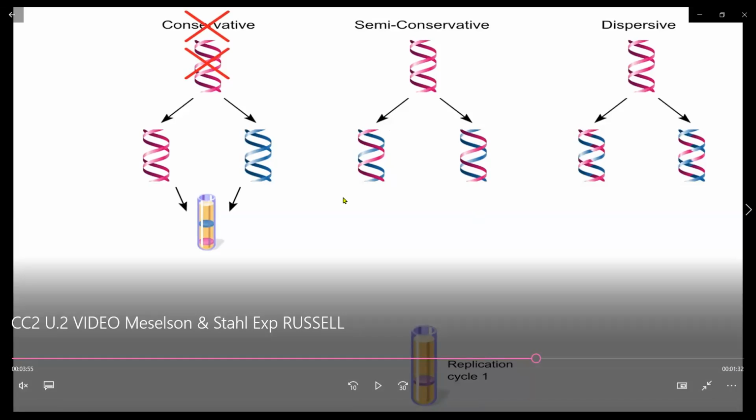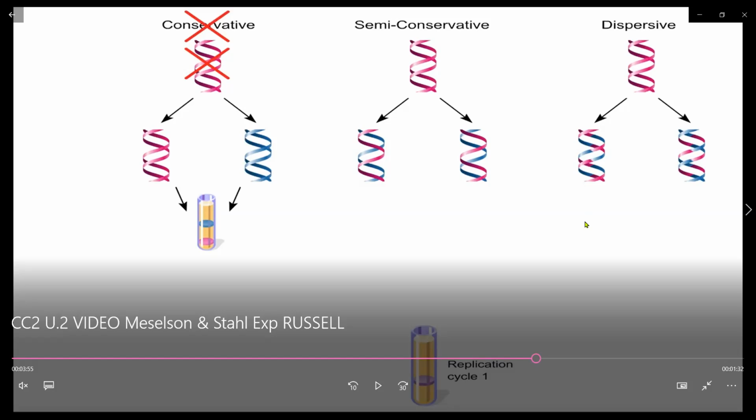In the semi-conservative mode, as you can see, we have DNA of intermediate density. And in the dispersive mode also, the daughters are showing a picture of intermediate density.